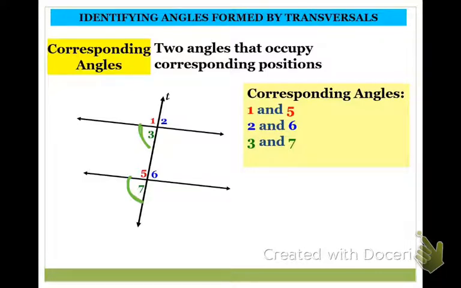All right, and then last one, 4 and 8. So they're corresponding because they're in the same spot. So top left, top right, bottom left, bottom right. So they're corresponding. Okay, so that's the first relationship.